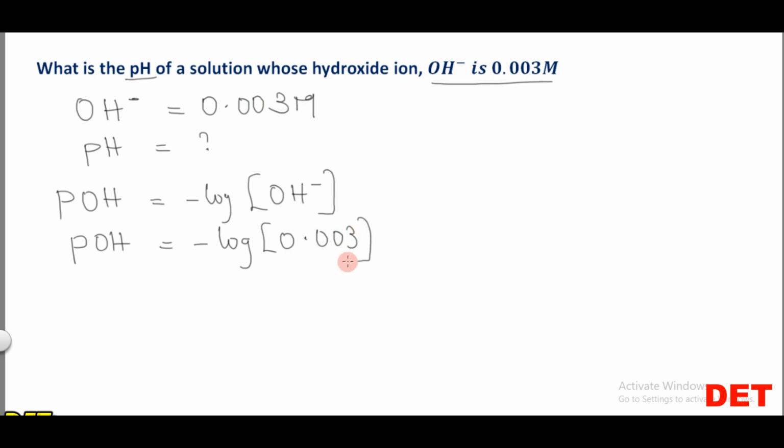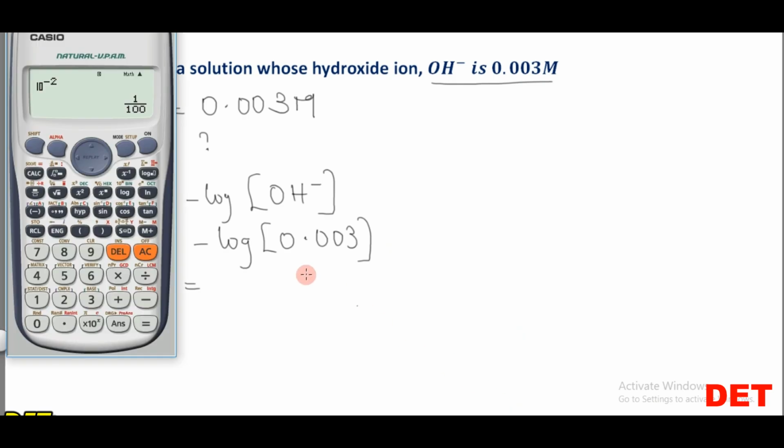0.003. So the pOH of this solution will now be equal to the negative log of 0.003. What is the logarithm of this number? I'll bring out my calculator: log 0.003 is equal to minus 2.52.